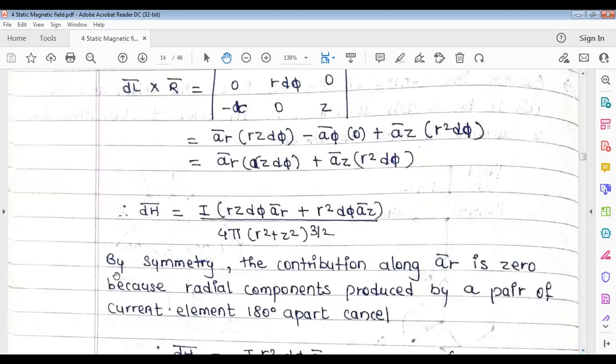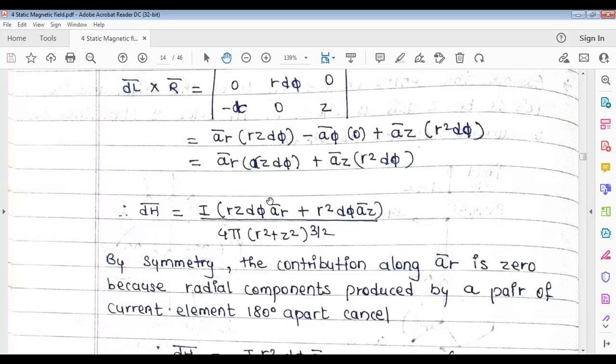The a bar r term becomes 0. By symmetry, the contribution along a bar r is 0 because the radial component produced by a pair of current elements 180 degrees apart cancels. Whatever radial components are produced in the direction of a bar r get cancelled there.